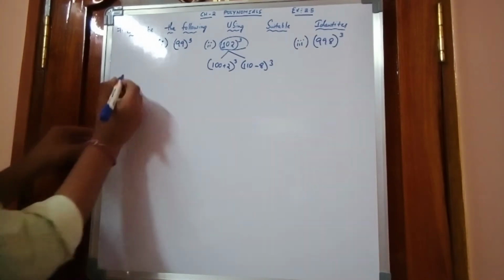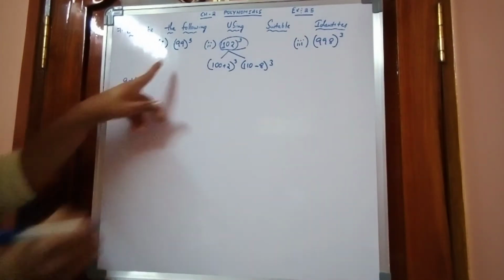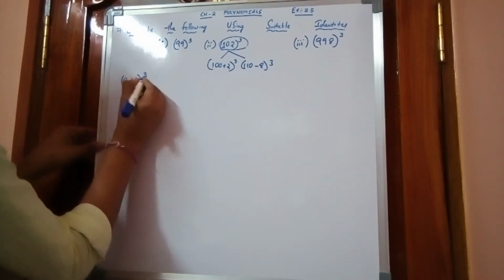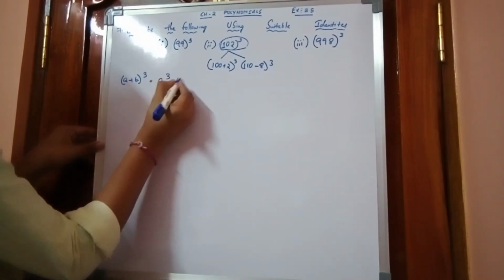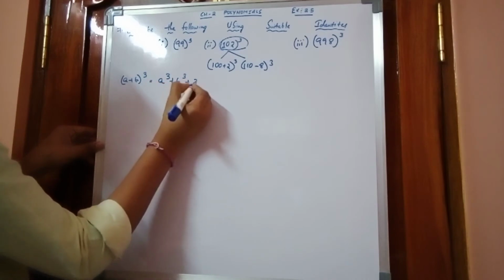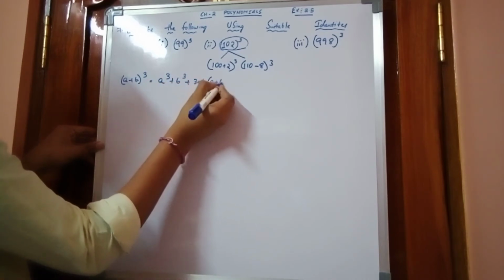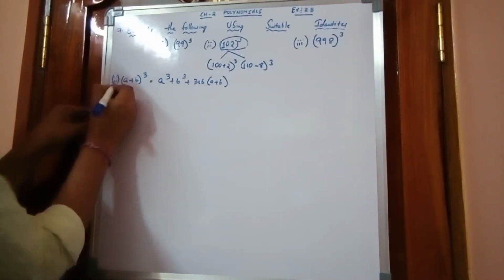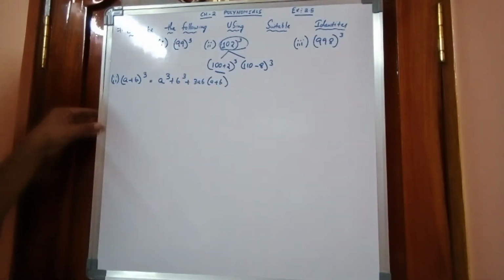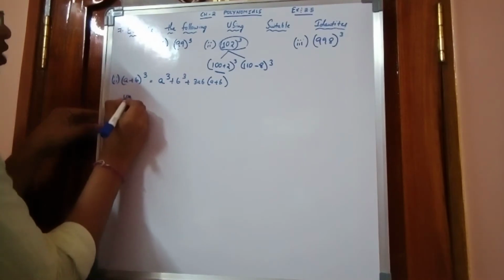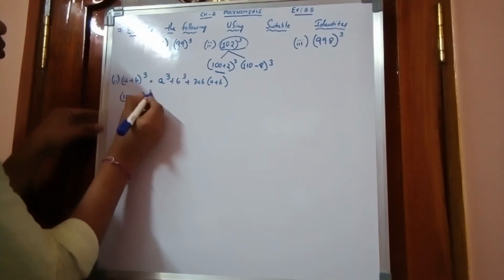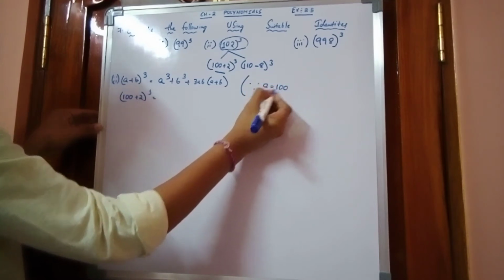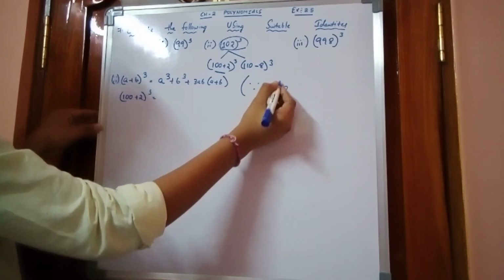So we have to use the (a plus b) whole cube formula. In the previous first one I used (a minus b) whole cube. So now here we have to use (a plus b) whole cube, that is a cube plus b cube plus 3ab of (a plus b). So we have to use this formula to find the second one. So now use 100 plus 2 whole cube, writing in the bracket that a is equal to 100 and b is equal to 2.